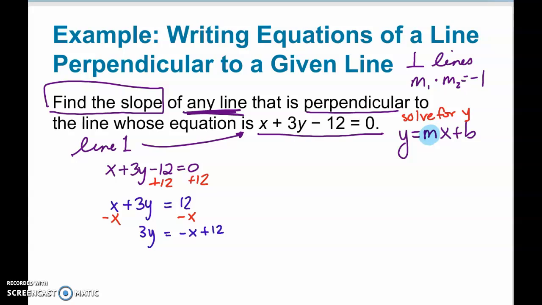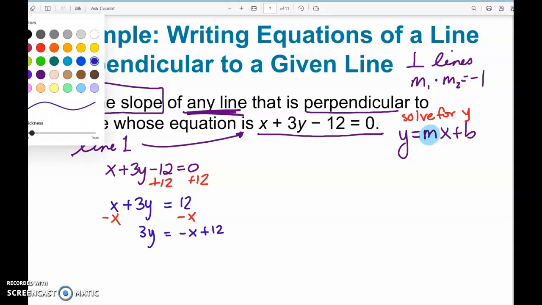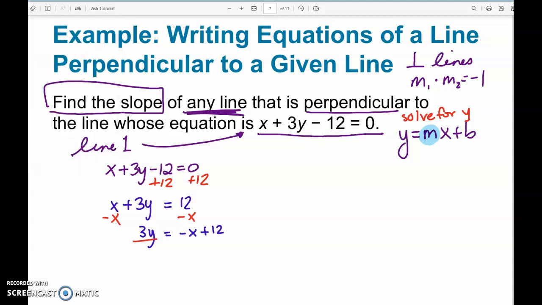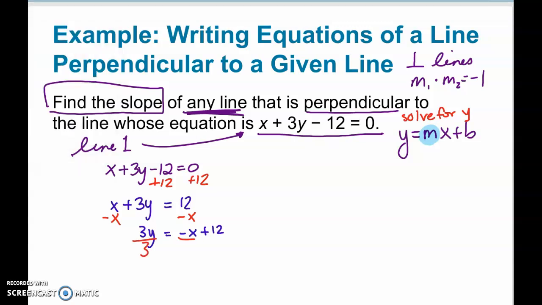Now you may ask, why didn't you write 12 minus x? Well, I can write 12 minus x. It doesn't matter if I write -x plus 12 or 12 minus x, it's the same thing. But I'm putting the x in front because I'm trying to get it to look like this form, y equals mx plus b. So the next thing I would do is divide by 3, and that means I have to divide everything by 3.